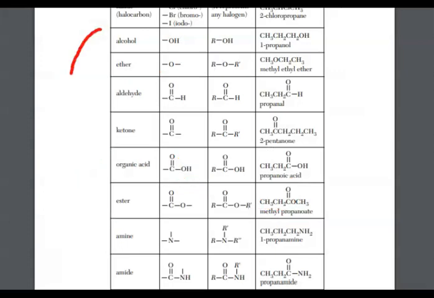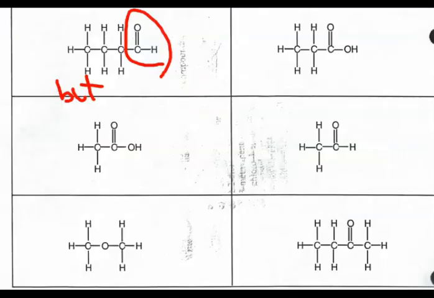Here is 1 carbon only, and my C double bond OH is an aldehyde. Play the matching game. I need an al ending. Let's go back. So this is going to be butanal. Any aldehyde, you never need a number in front, no matter how long the chain is, because the C double bond O is on the end of the molecule.